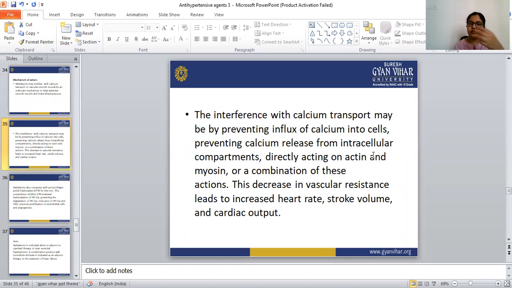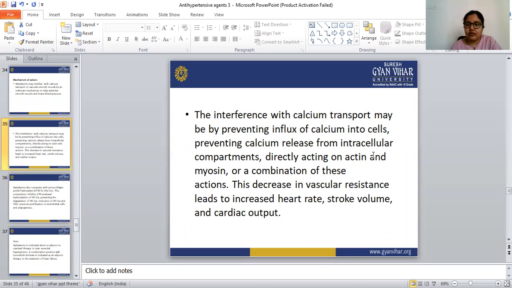The interference with calcium transport may be by preventing influx of calcium into cells, preventing calcium release from the intracellular compartments, directly acting on the actin and the myosin, or a combination of these actions.